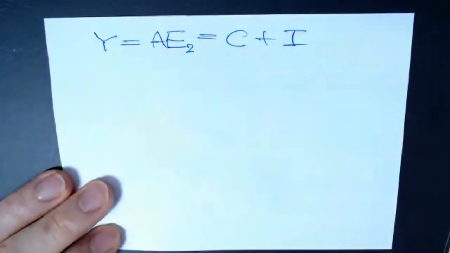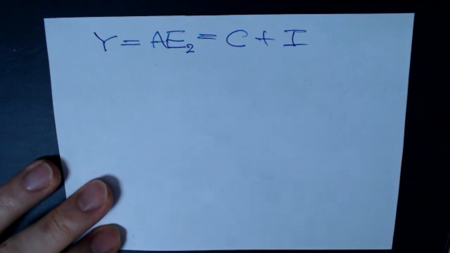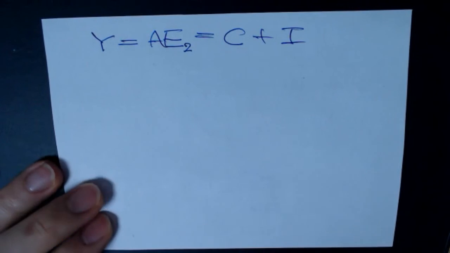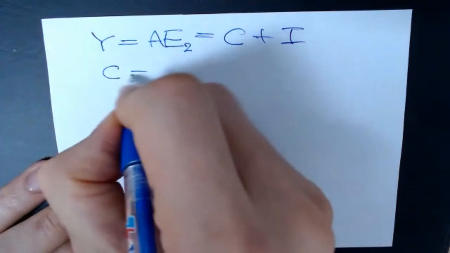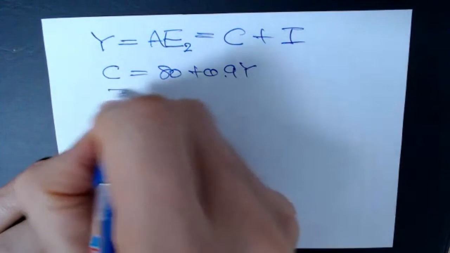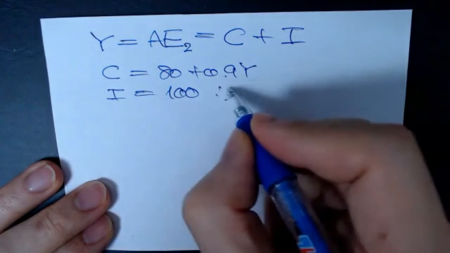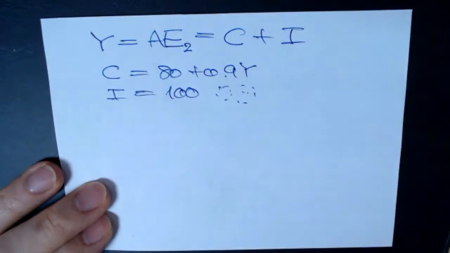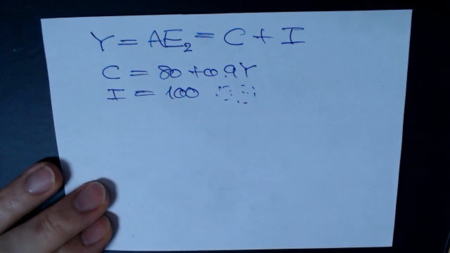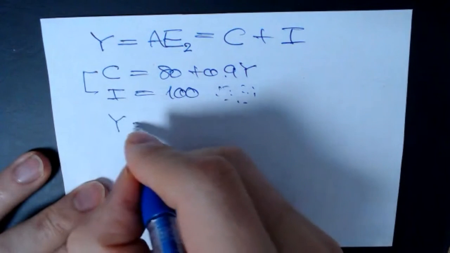It's not necessary, but it identifies that we're considering two sectors. C was given as 80 plus 0.9Y, and I equals 100 because we don't consider the impact of interest rate yet. Easy to calculate the equilibrium?